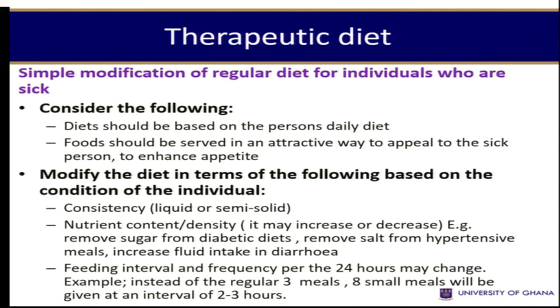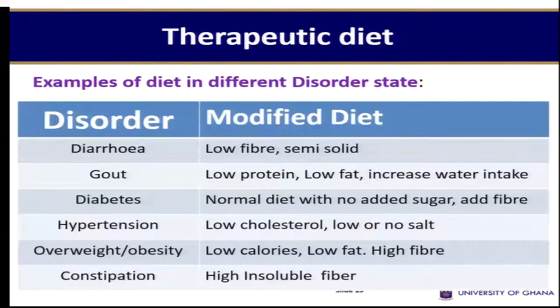Consistency, if the person cannot swallow. Sometimes it's cancer of the throat. The person cannot swallow something like fufu. It is liquid. So consistency is key. The nutrient content is also very, very important. There are others that certain foods may be asked to be taken off. We need to look at it. Consider the time of feeding, interval feeding, timing. All these things are important to be considered.